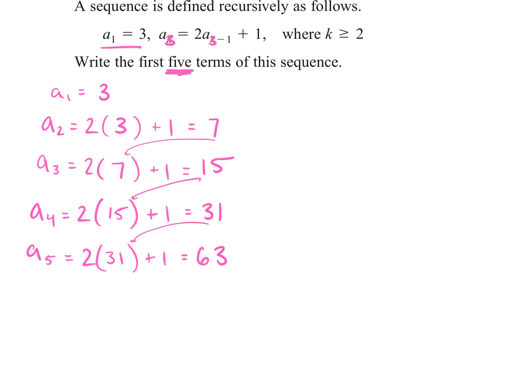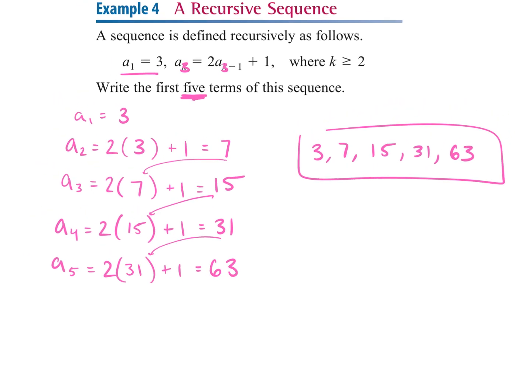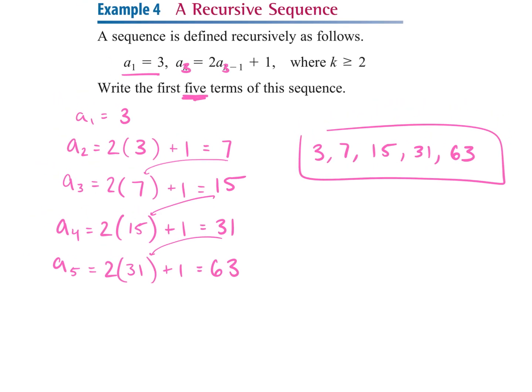So our first 5 terms would be 3, 7, 15, 31, and 63. So for a recursive sequence, or anytime you see that k minus 1 as our subscript or index there, we are looking for the term before to help us find the next one.